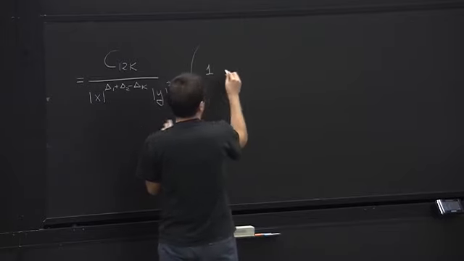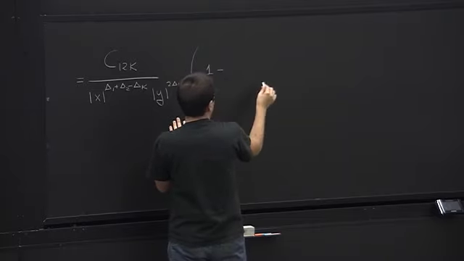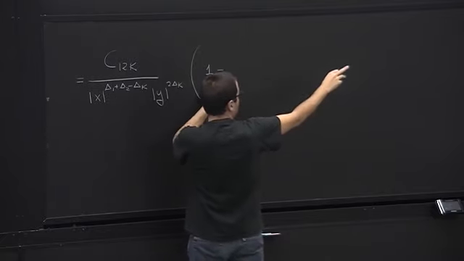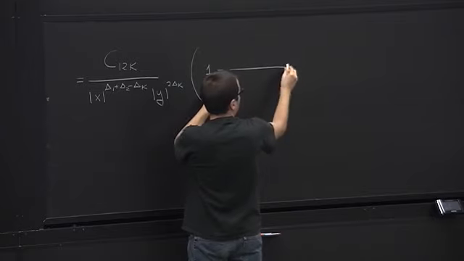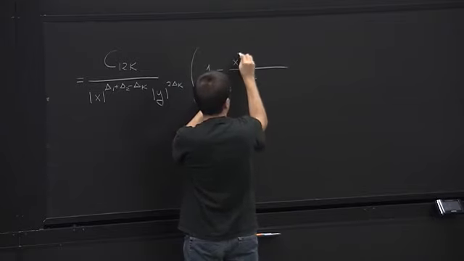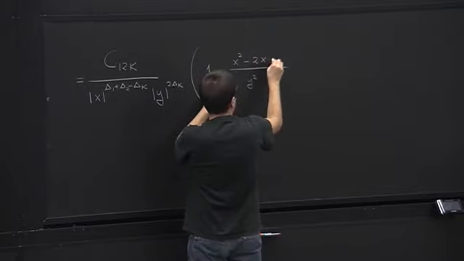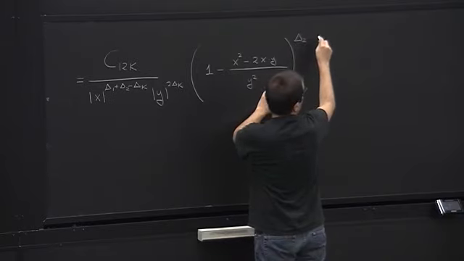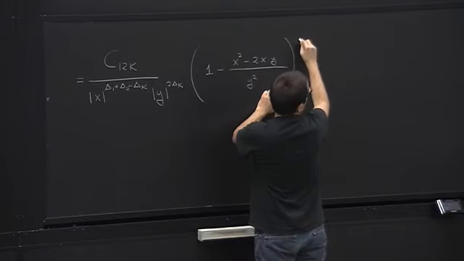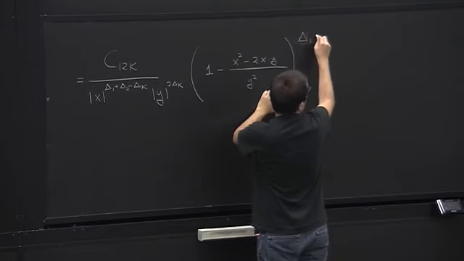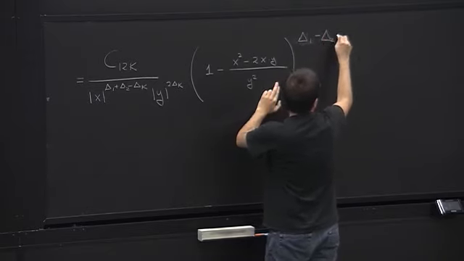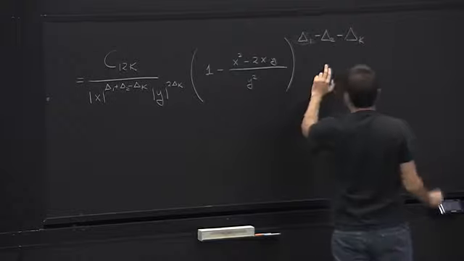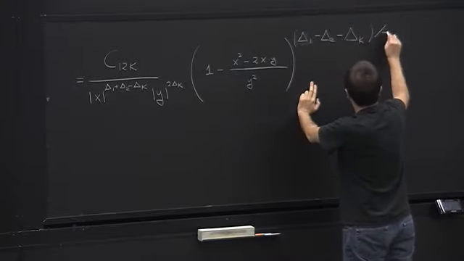And then let me write what remains as 1 minus... I'm computing the square of that. Let me write it and you can tell me if it looks okay to you. 1 minus... okay?